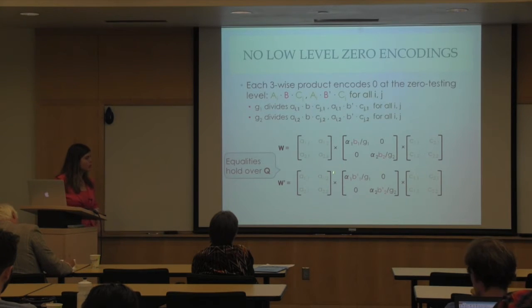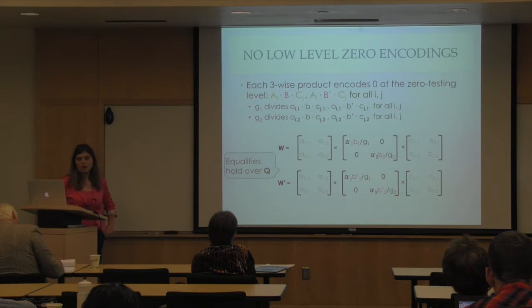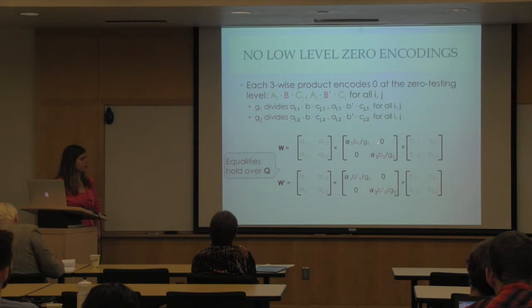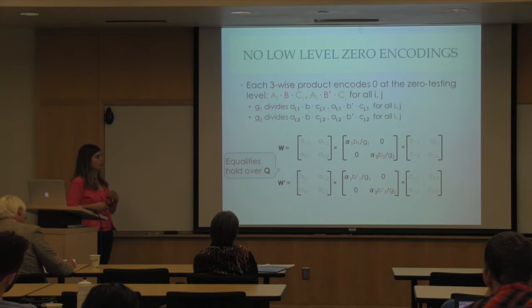So we basically maintain the same structure as before, but here we are keeping G1 as denominator and here G2 as denominator, because the only thing we know is that A11 times B1 times C11 will be divisible by G1, but we don't know which of them will be divisible by G1, but we can keep G1 in the denominator.